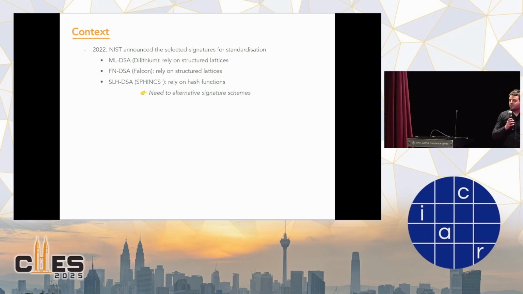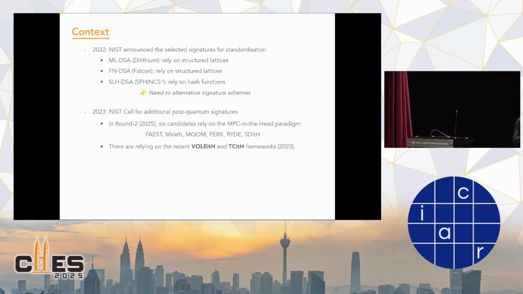But we need more diversity in the signature schemes in case of a breakthrough in the cryptanalysis of lattices. So NIST launched a new call for additional post-quantum signatures, and we are currently in the second round of this new call. Among the 14 candidates, 6 rely on the MPC-in-the-head paradigm.